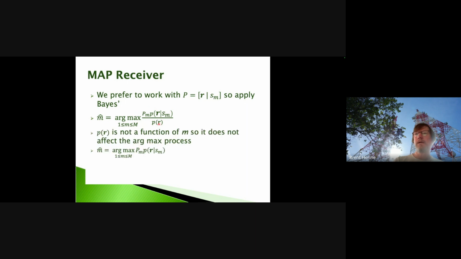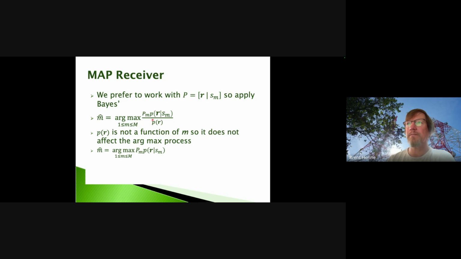So the probability of R is not a function of M. Okay, so I didn't really say much about this a few seconds ago when I was describing it, because we're going to actually ignore it, right? So since it is not a function of M, what are we trying to do here? We're trying to choose this best estimate of M given all this information here, right?